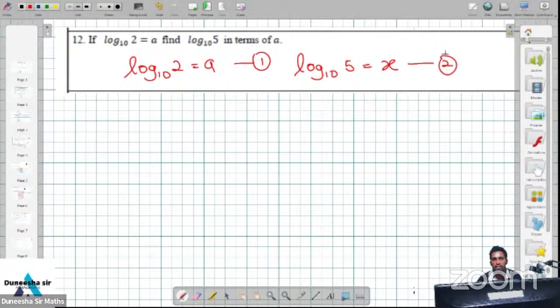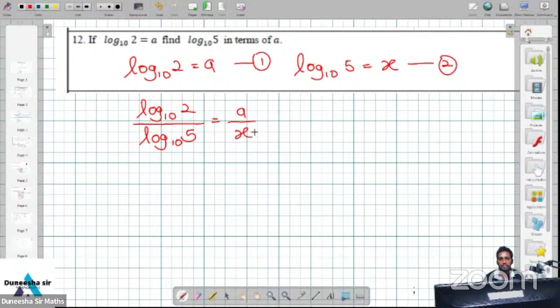X කියන එක ඔයාලා represent කරන්න ඕනේ using a. Can you divide it? Log 10 to log 10 5 equal to a divided by x.